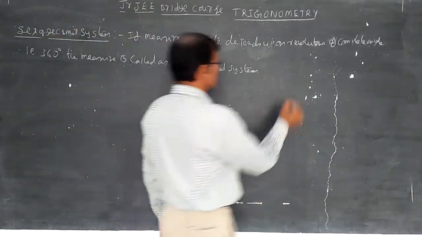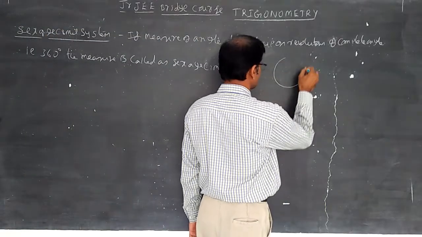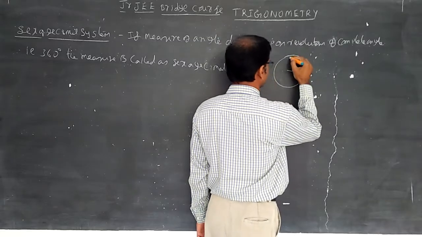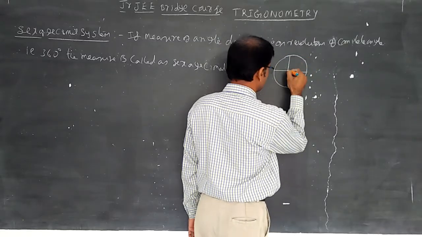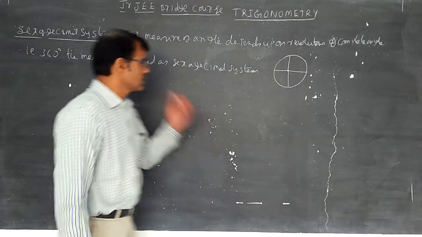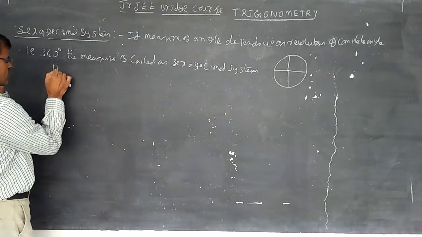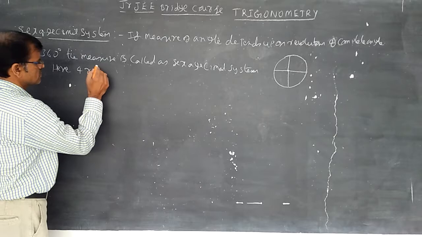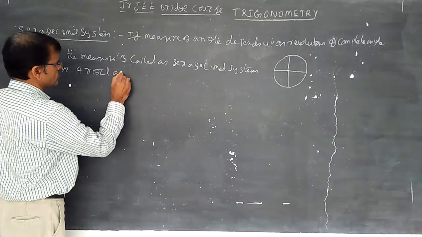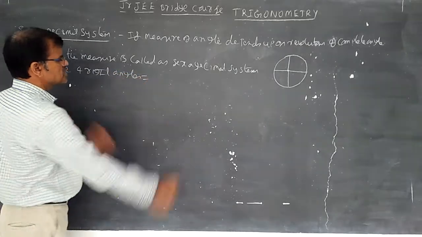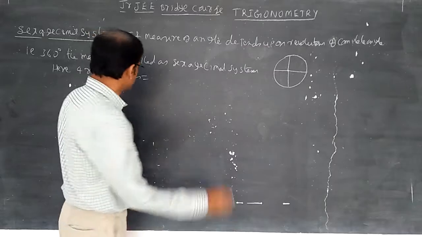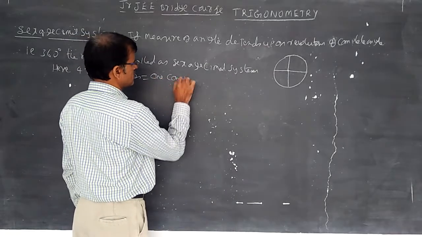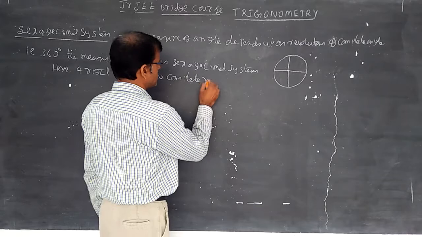So that meaning is, draw like this. Here I am writing 4 right angles. 4 right angles is equal to 1 complete revolution.